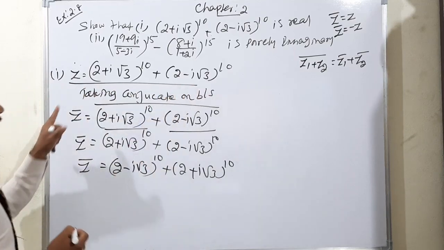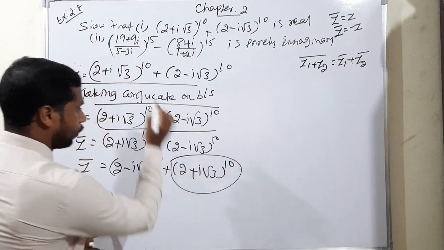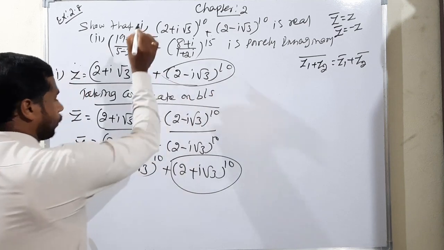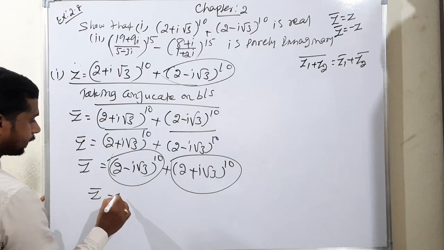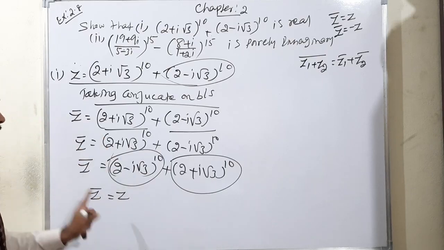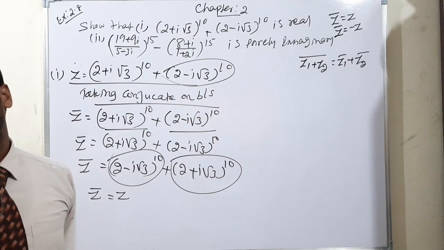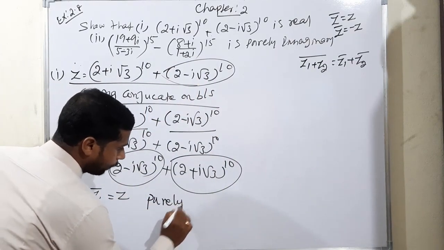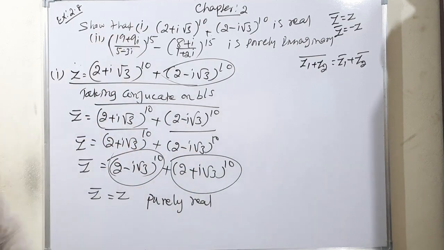At the start we considered Z equal to (2 plus i root 3) the whole power 10 plus (2 minus i root 3) the whole power 10. Therefore we can say Z bar is equal to Z, which is called purely real. So the first condition is clear, purely real. Subdivision 1 is over.